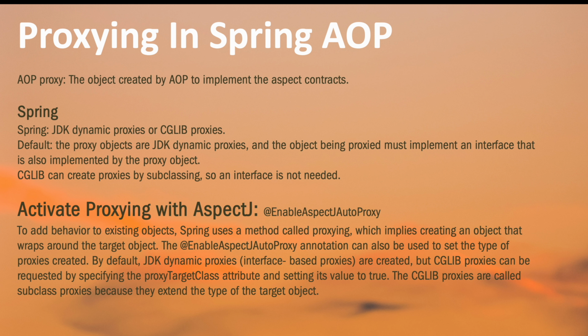So that is proxying in Spring AOP. Now, activating proxies with AspectJ. There is an annotation, @EnableAspectJAutoProxy. To activate proxying with AOP, you add this annotation. But with recent versions of Spring, you no longer need to add it.